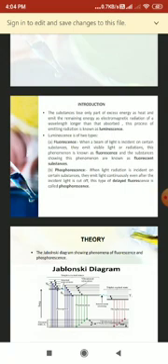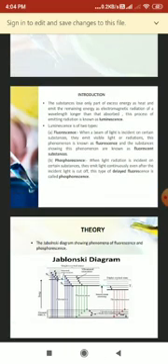Thus, the lifetime of phosphorescence is much longer than fluorescence.